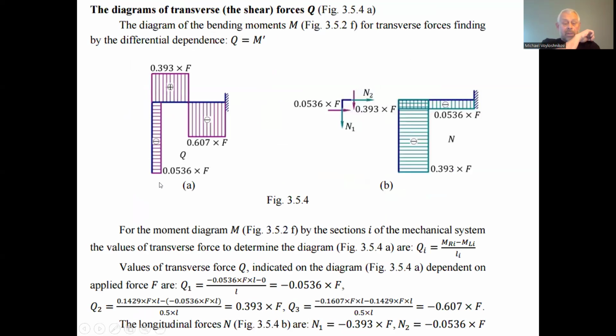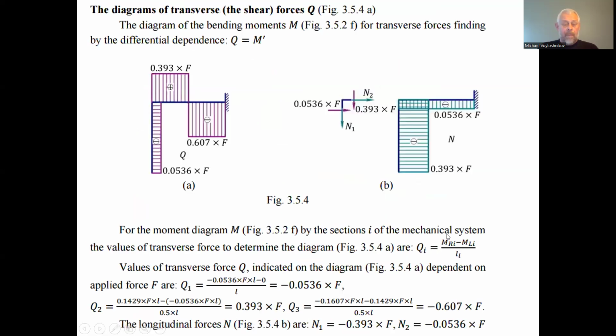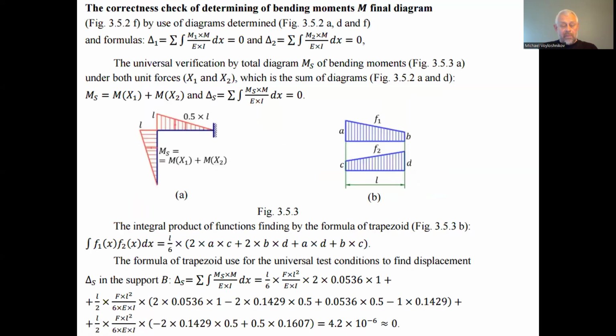So now, after obtaining and checking the correctness of the bending moment diagram, we go to the next step: how to find the diagram of the shearing, transverse forces acting on the mechanical system. To do that we can use the dependence: the diagram of the bending moments and the diagram of the shearing transverse forces are interrelated as integral and derivative.